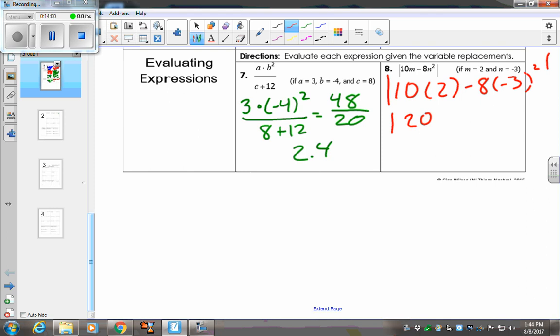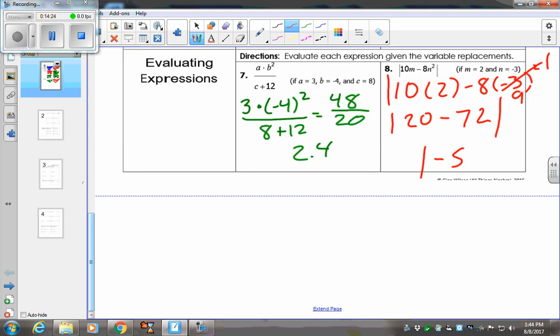What is negative 8? So, oh, we're getting there. What is negative 3 squared? Positive 9. Okay. So what's negative 8 times 9? 72. What's 20 minus 72? Negative 52? Is that what you said? What's the absolute value of negative 52? Positive 52.